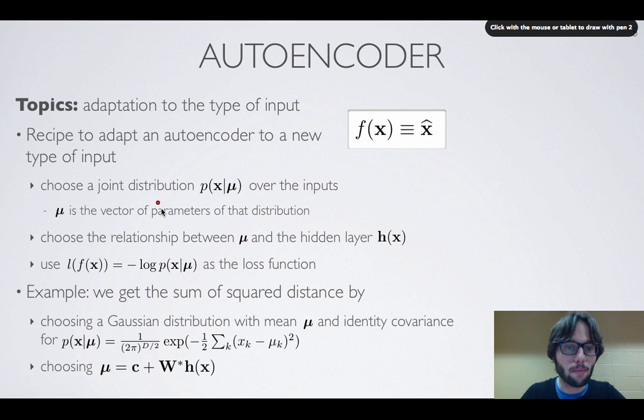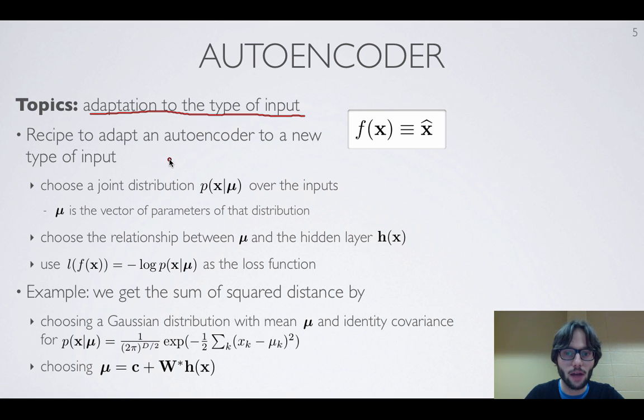And now just a quick word about how we can adapt an autoencoder for different types of inputs. If we have inputs that are not real valued, they might be integer valued, they might correspond to multinomial observations or other types of observations, perhaps more structured. Well, here's a recipe for doing that. First you define a joint distribution over the input space. Choose a distribution over the input space that will depend on some parameters of that distribution, which I'm calling mu here.